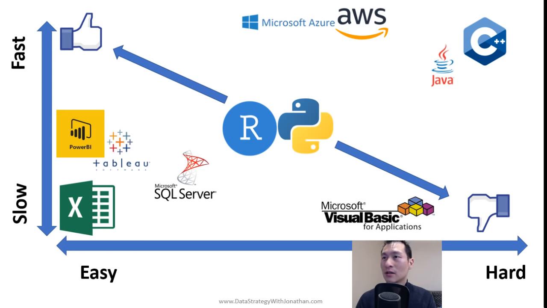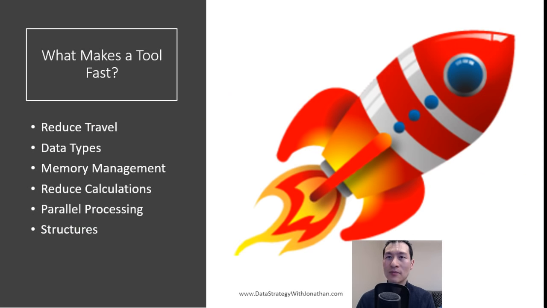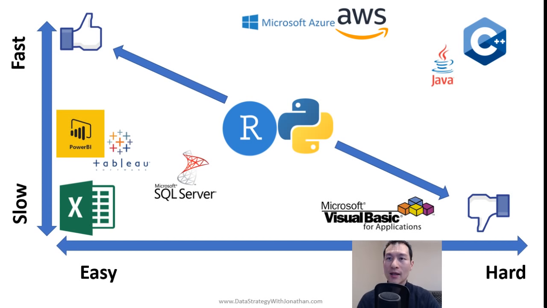Right. So now again, let me just pop back here. We've got all these different principles: reduced travel, data types, memory management, reduced calculations, parallel processing, and structures. Now, we've got different languages, programming languages like R and Python.